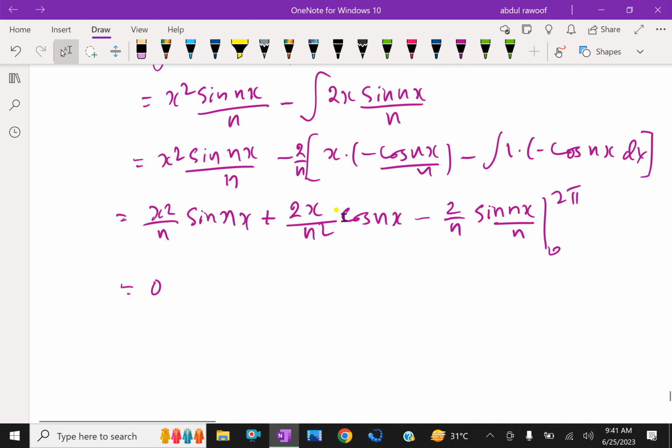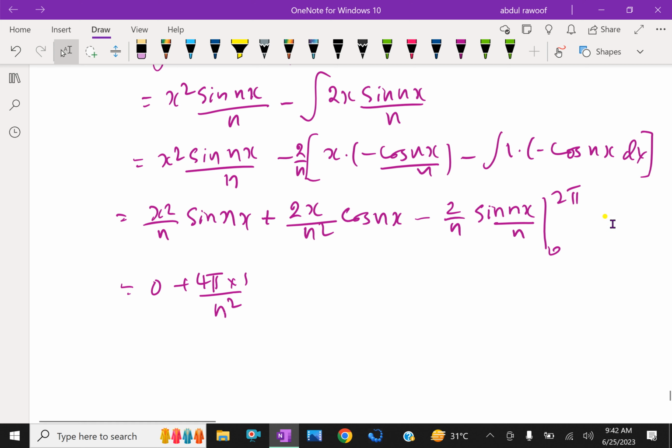Here this is cos 2πn, that is cos 2πn is 1, this is 4π.